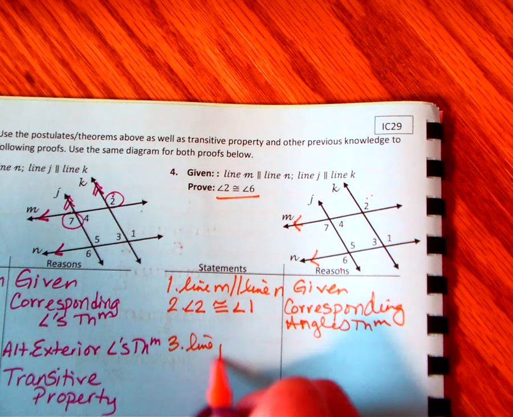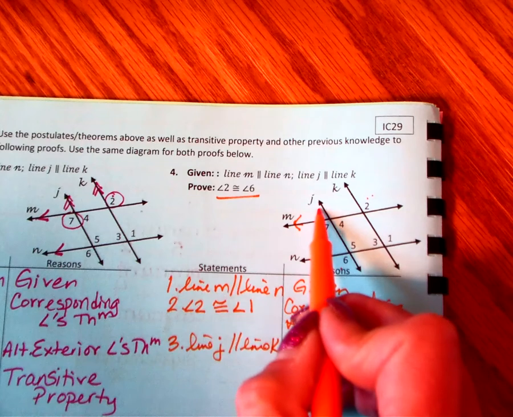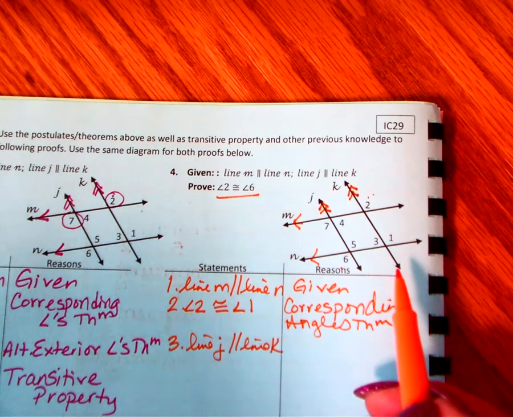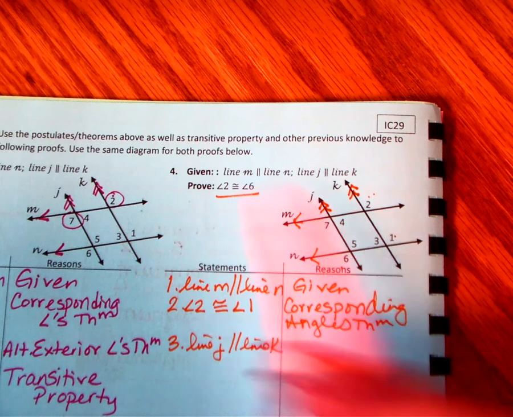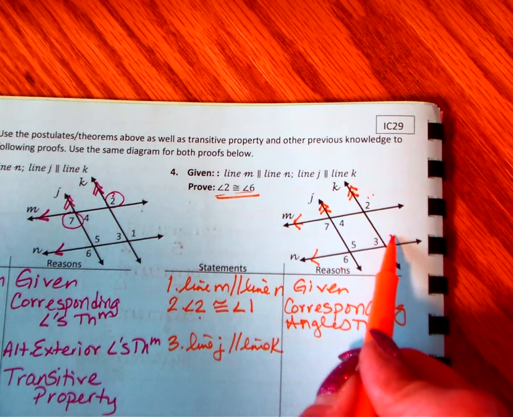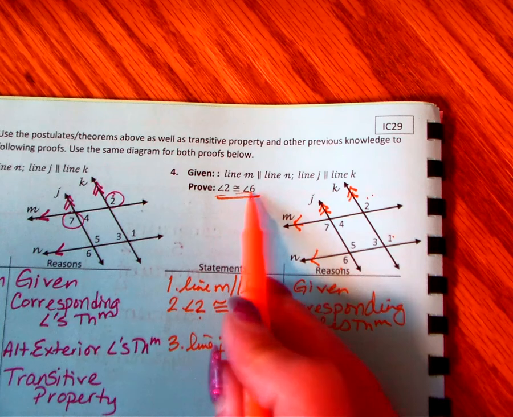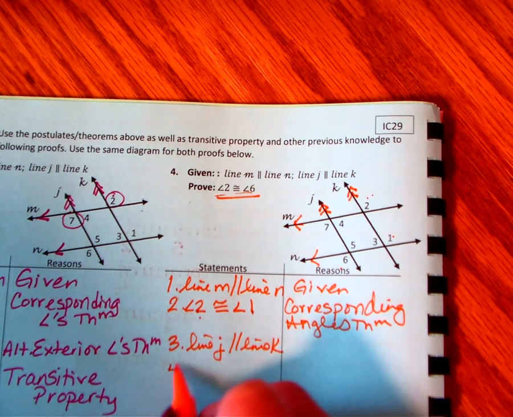Okay, then I'm given line J is parallel to line K. Okay, and if I look at that, again, I've got 2 and 6 here, and I use 2, so I want to see if I can use, since I use 2 and 1 here, I want to see if I can use 1 and 6, which I can, because they're alternate exterior angles.